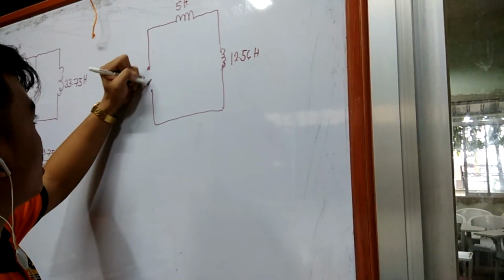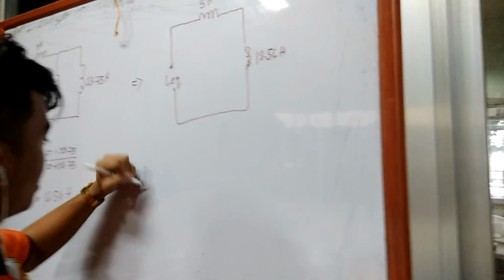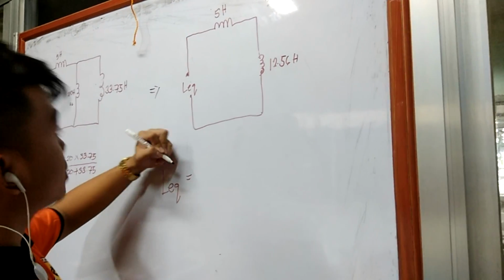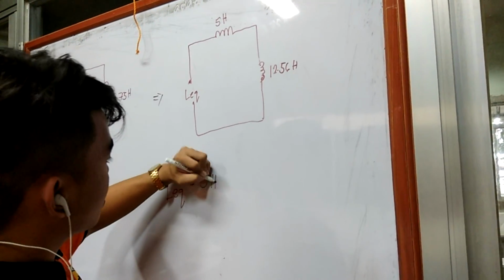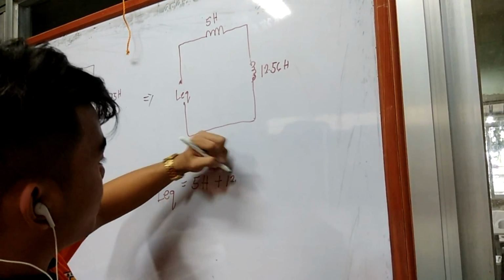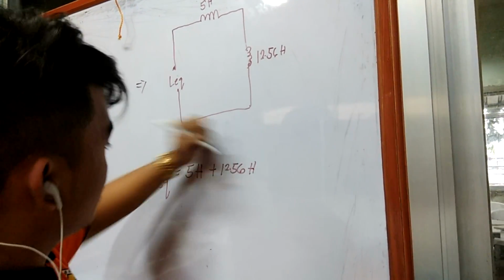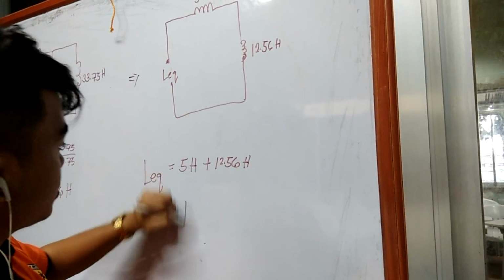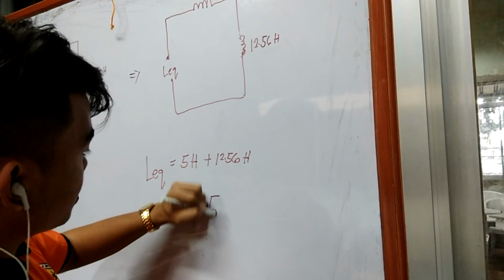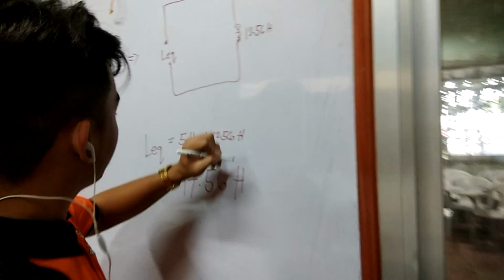Now we can get the L equivalent of the circuit. L equivalent is equal to 5 henries plus 12.56 henries, which equals 17.56 henries.